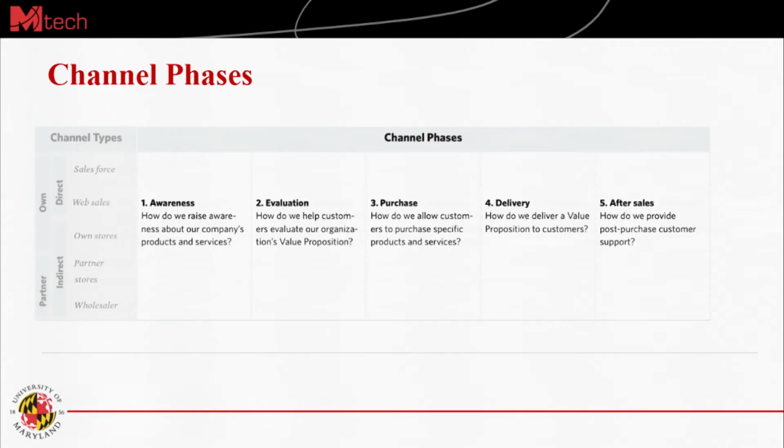Now, channel phases, also known as the buyer journey, are the different steps that the customer takes from first realizing they have a problem and starting to seek a solution, through actually finding a solution and making a purchase, and then after the fact, their experience with servicing and then ultimately retiring that product or service.